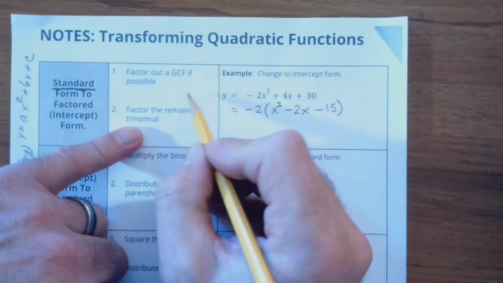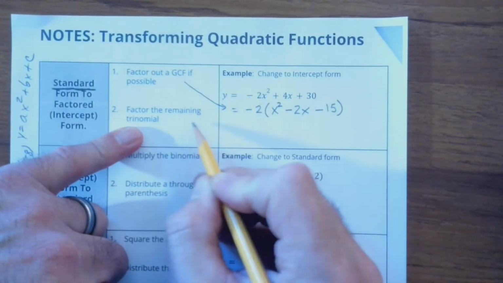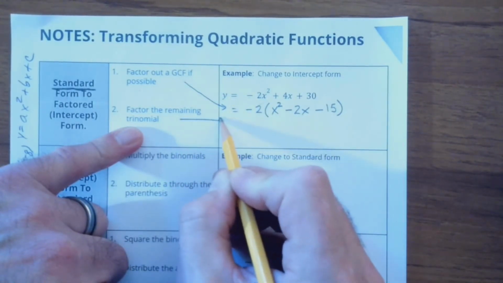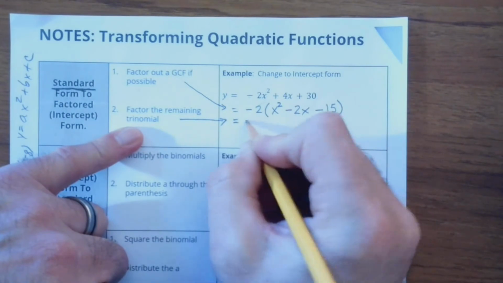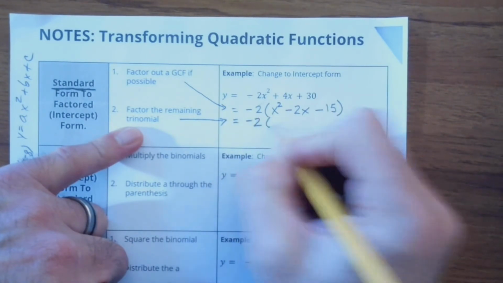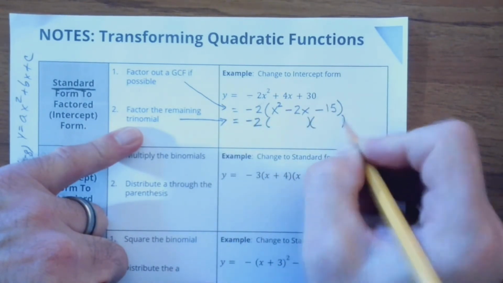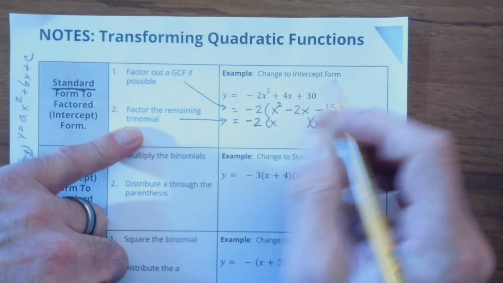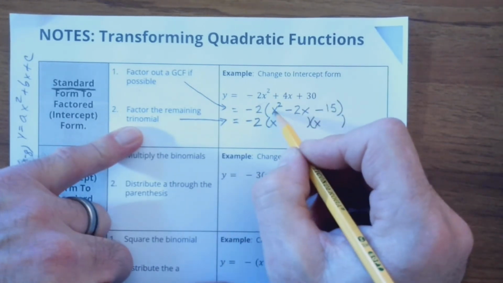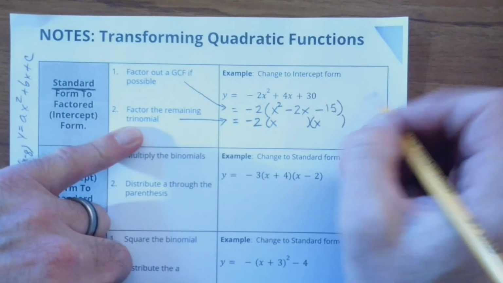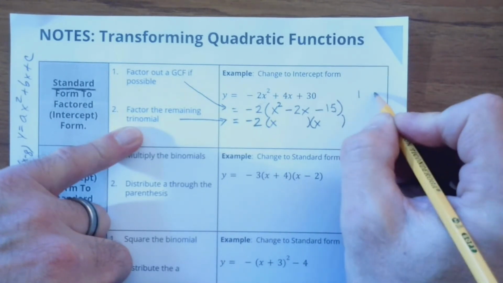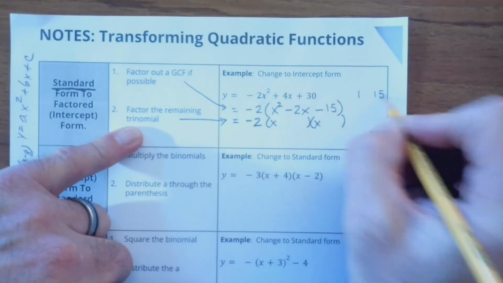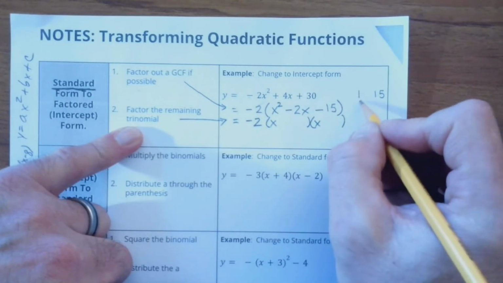Step 2 is to factor. So leave the negative 2. X times x is x squared. And now we've got to find our factors of 15. Hopefully you still have your factoring sheet that has all the combinations.